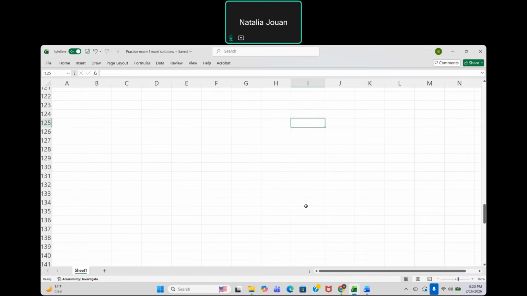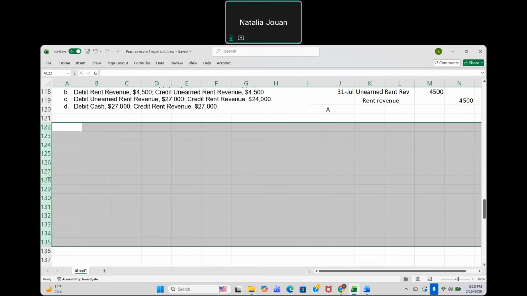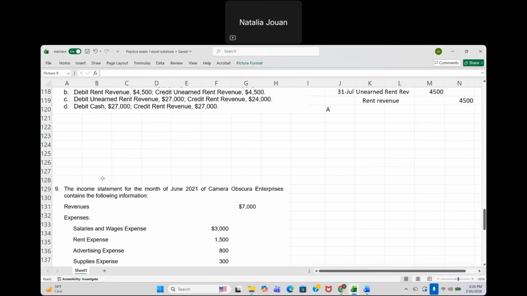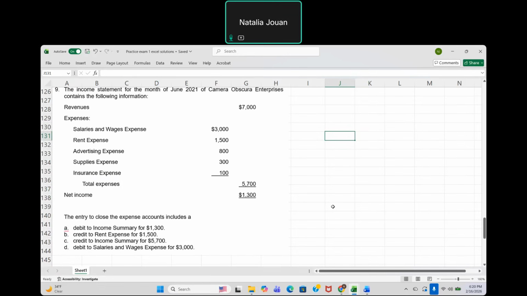Now let me erase a few cells here. This one is very interesting. A lot of students tripped on this. We have the following income statement information, and when we're doing closing entries, we need to know what will be included in that closing entry.